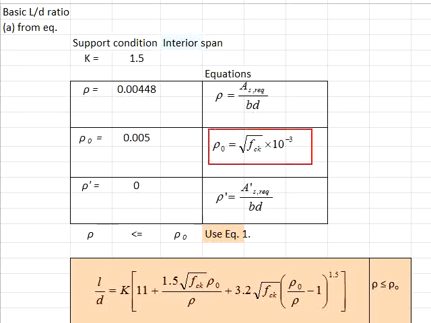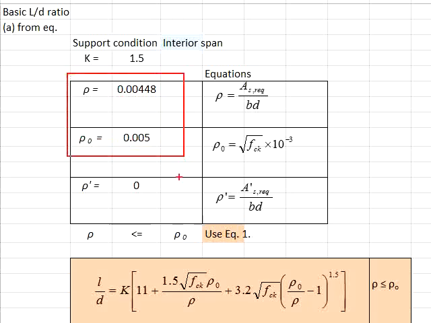You compute rho naught by substituting the concrete strength 25. You will get rho naught equals 0.005, which by comparing these two values, you know that rho is less than rho naught.